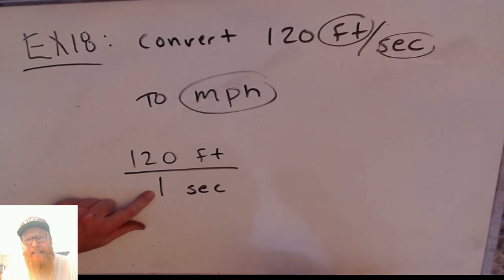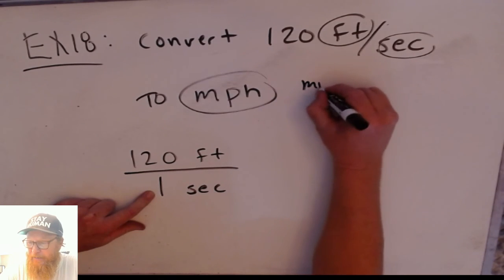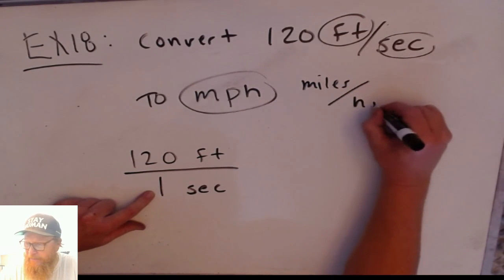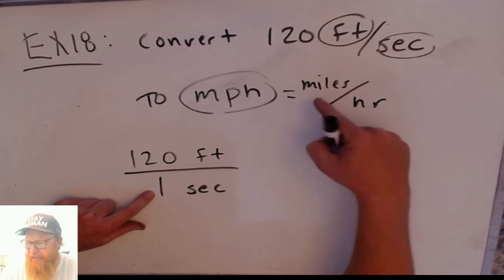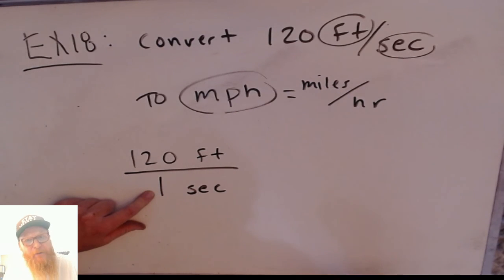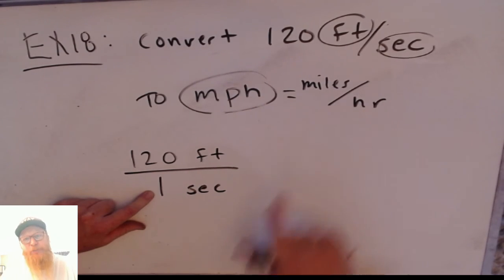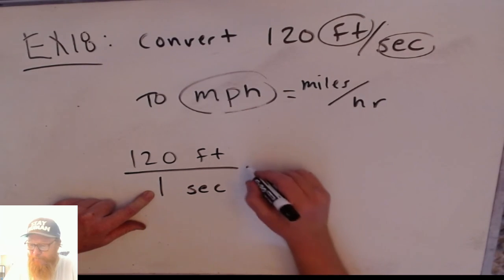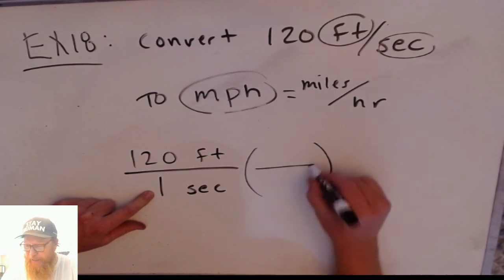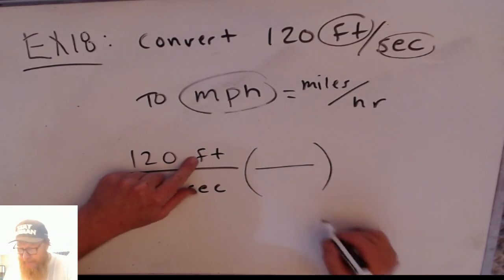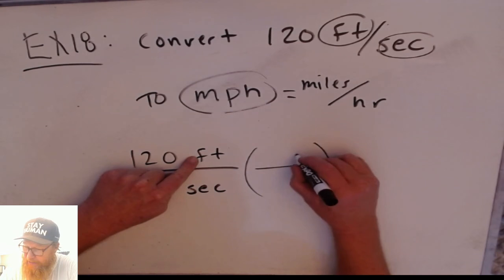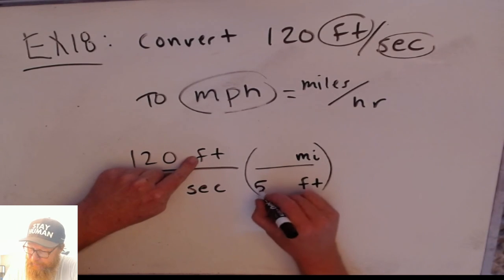So I have to get rid of, miles per hour really means miles over hours. Yeah, miles per hour, MPH. So I've got to get rid of the feet and turn them into miles.